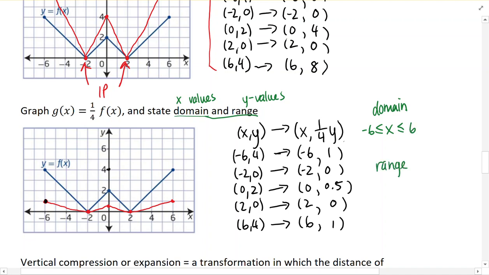Our range, on the other hand, really just spans from 1 to 0. So in this case, we know our y values must be greater or equal to 0 and smaller or equal to 1. So that's our domain and range.